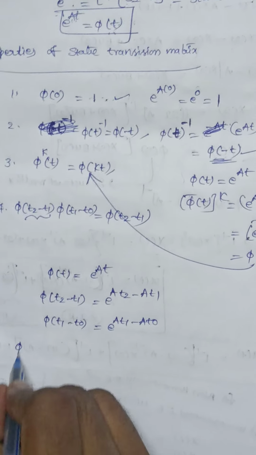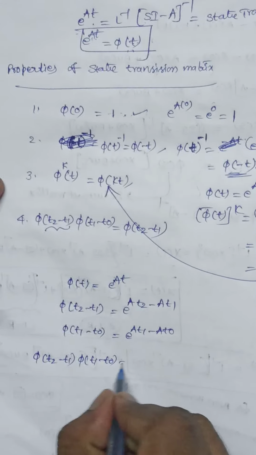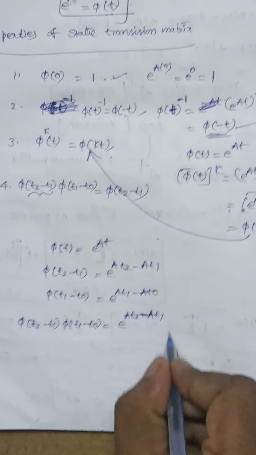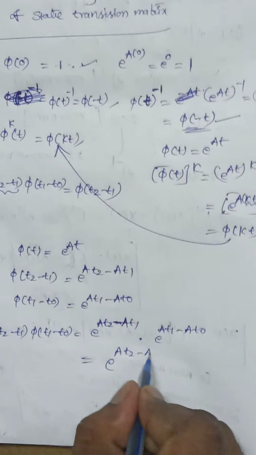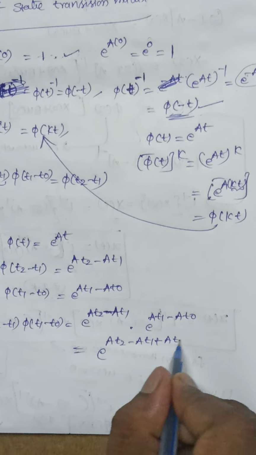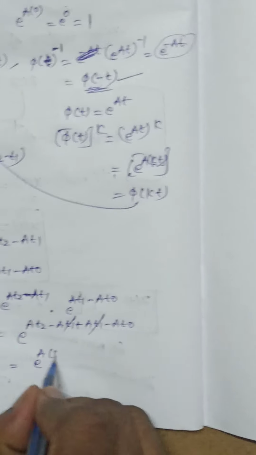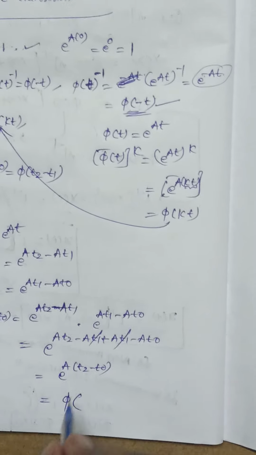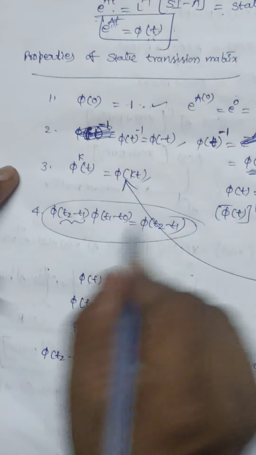If I multiply these two, it is e power a t2 minus a t1 into e power a t1 minus a t0, which can be written as e power a t2 minus a t1 plus a t1 minus a t0. So this will cancel, giving e power a into t2 minus t0. So this will be phi of t2 minus t0. So finally we got this result.